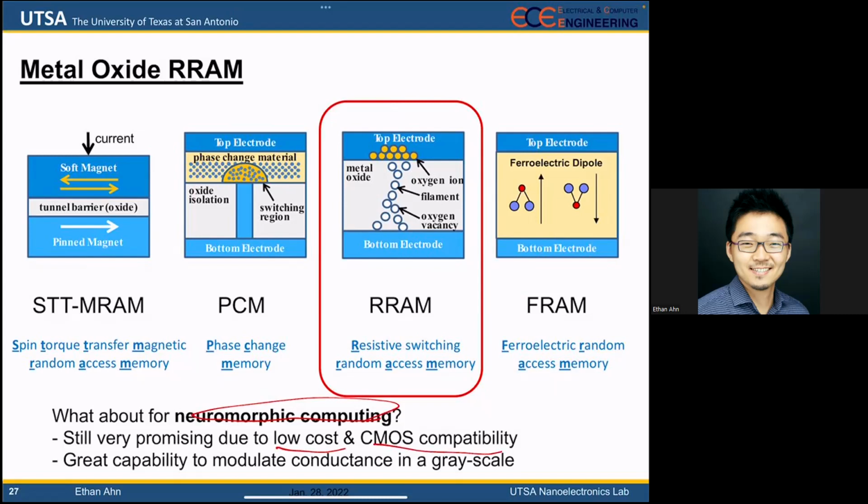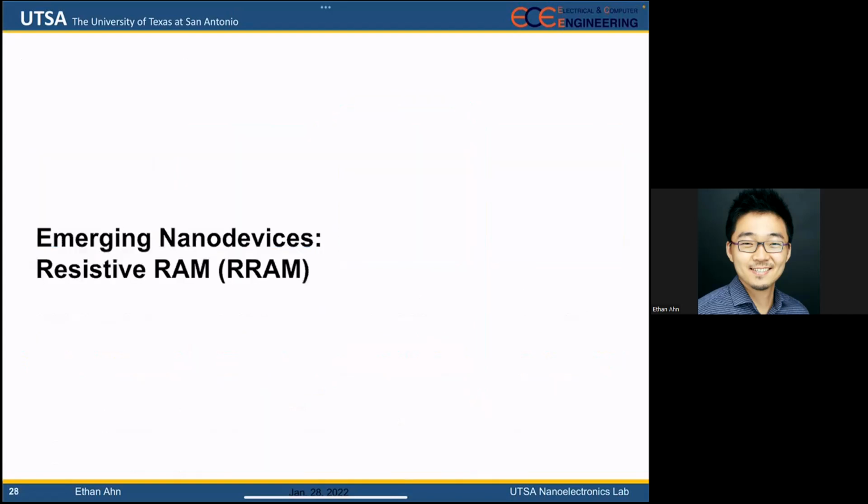Also, like I said earlier, for any new technology to be used as, for example, an artificial synaptic device, we need the capability to modulate conductance in grayscale, not in digital scale, not 0 and 1. RRAM can definitely do that. So there is a lot of research going on using metal oxide based RRAM as an artificial synaptic element in neuromorphic computing.